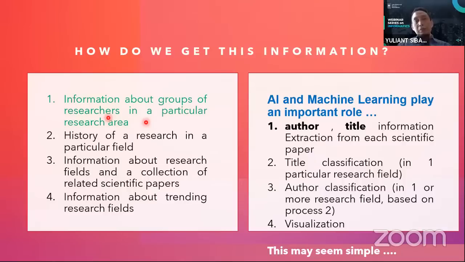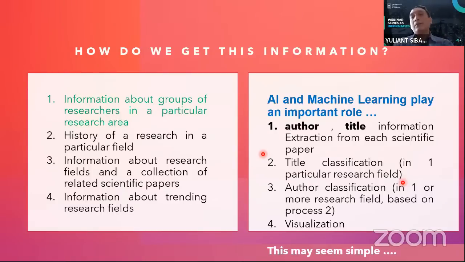The first is author and title information extraction from each scientific paper. The key is the information extraction method. The second is title classification in one particular research field.